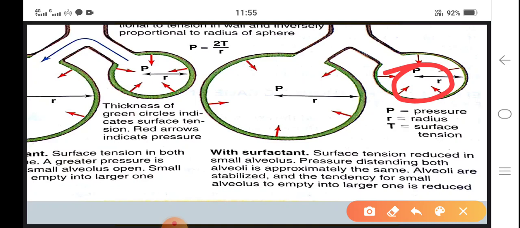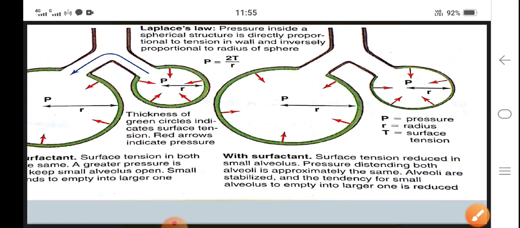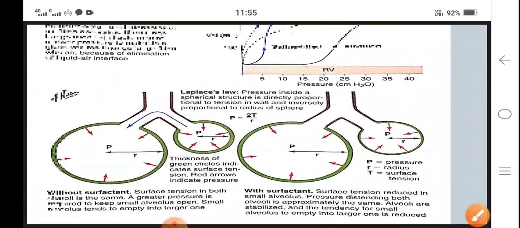The pressure in both the alveoli is approximately the same. Alveoli are stabilized and the tendency for the small alveoli to empty into the larger one is reduced. So the air remains in both of the alveoli.